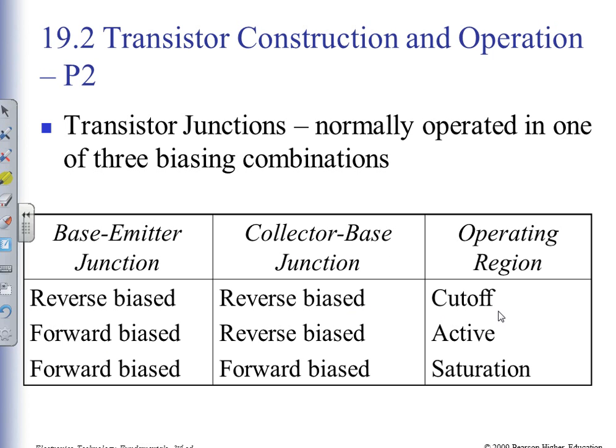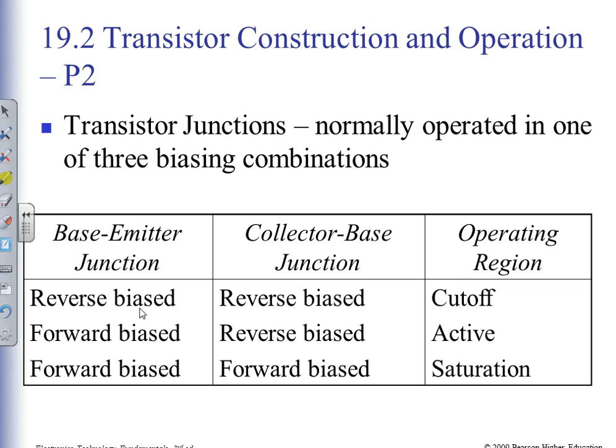It's off, so no current's going through it. If I'm forward biased on both of them, then I'm in saturation. This thing's totally on. In our digital circuit class, we dealt with transistors being either on or off, ones or zeros, because that was convenient for us, since that's all we cared about.